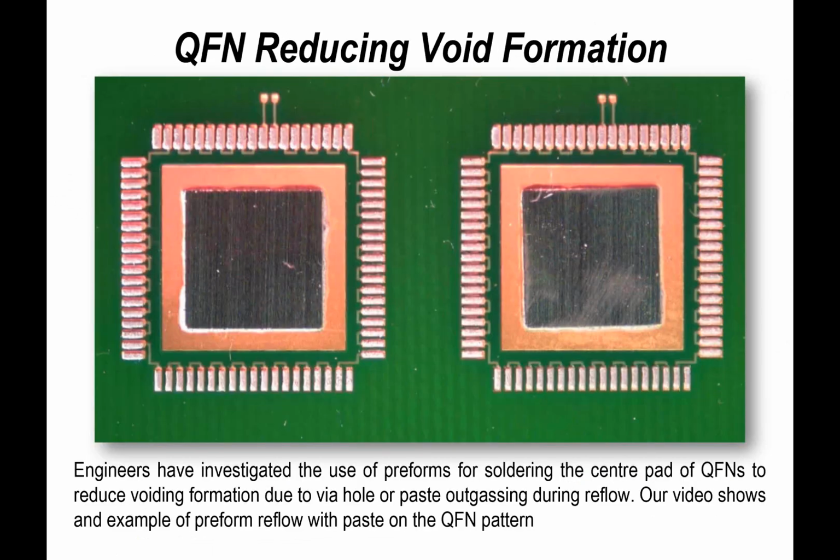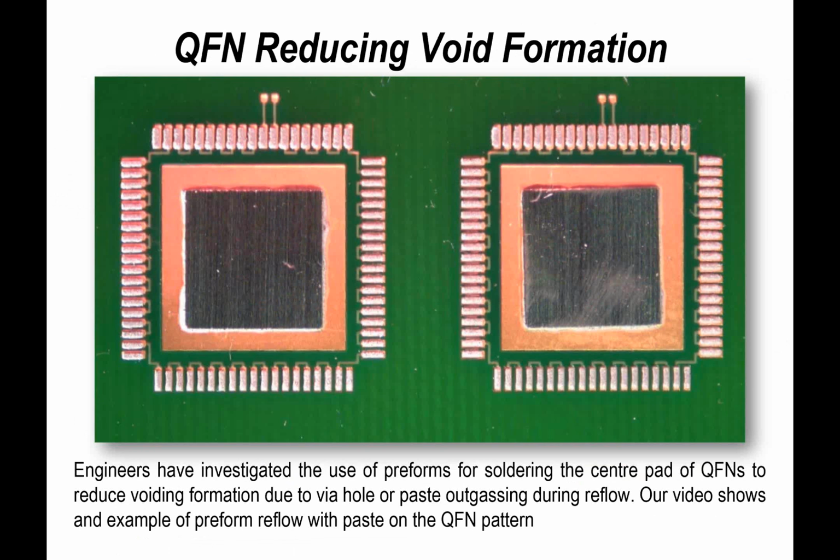Now, as many of you know, over the last few years there's been problems with void formation and voids in QFNs, and personally I tend to find the majority of that is not necessarily process related, it's design related. A lot of it is vias and via hole gassing, which I see so often in manufacture.